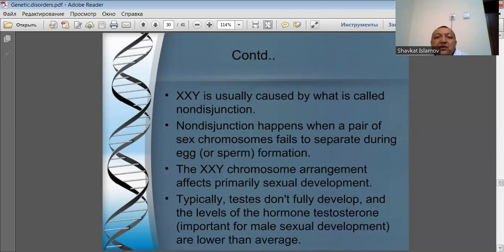XXY is usually caused by what is called nondisjunction. Nondisjunction happens when a pair of sex chromosomes fails to separate during egg formation. The XXY chromosome arrangement affects primary sexual development.